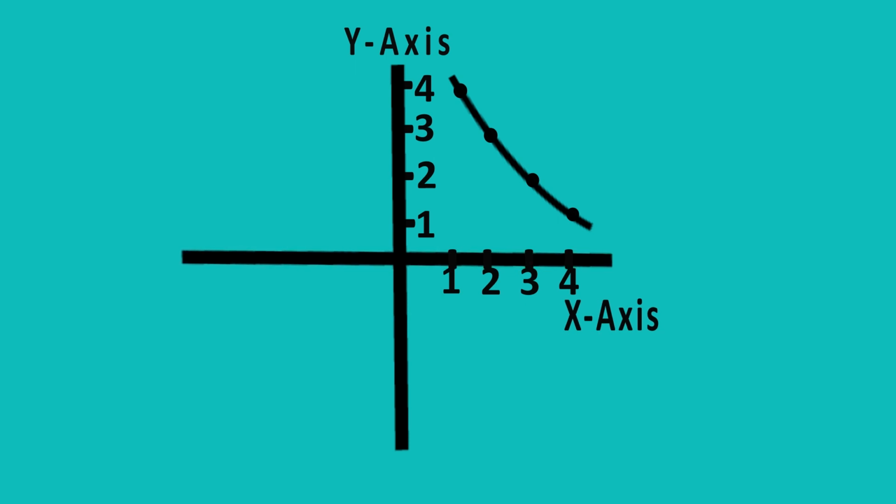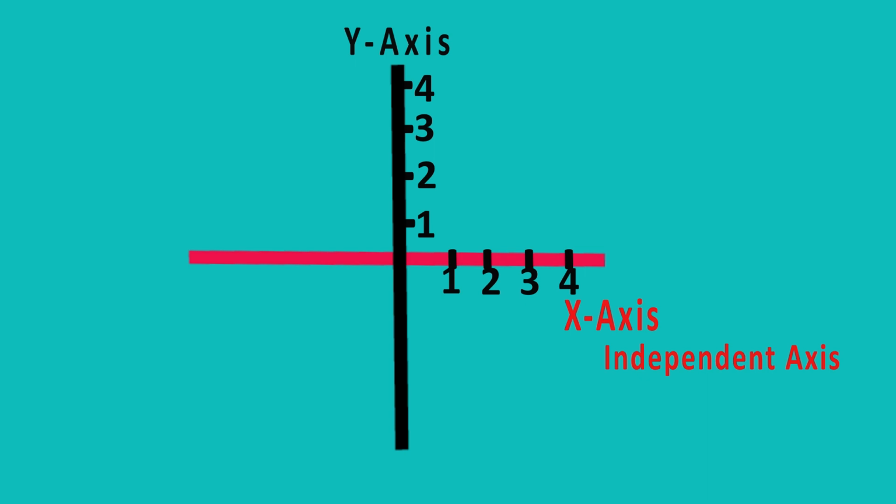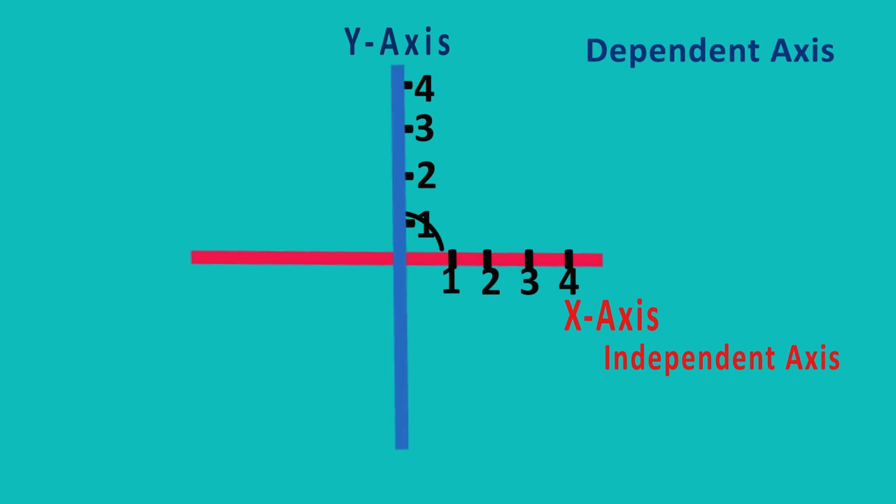Conventionally, the independent axis is taken as the horizontal line and is termed the x-axis. The dependent axis at right angle to the independent one is either the y or z coordinate.